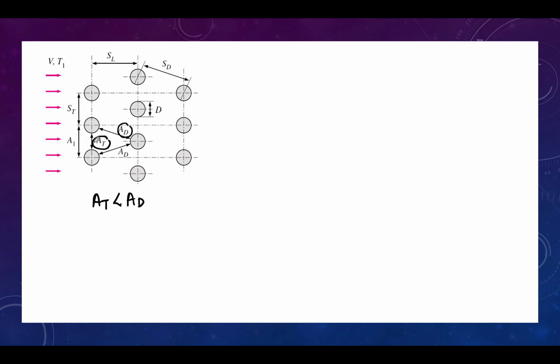So we will derive the equation from A1 to AT. Mass flow rate 1 equals mass flow rate at T, the same as how we derived V maximum for the inline arrangement. So rho 1 V1 A1 is equivalent to rho T VT times AT.